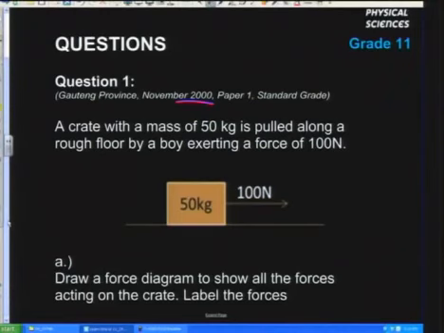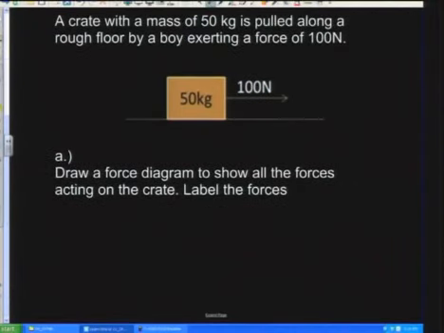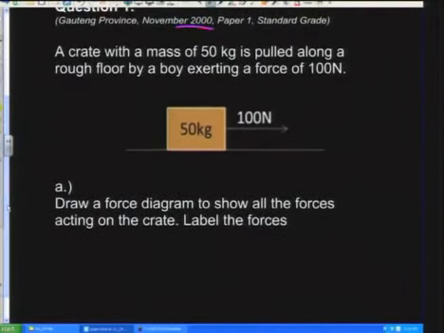So here's this one. It's not a terribly difficult one, but we need to take note of it. It says a crate with a mass of 50 kilograms is pulled along a rough floor. So bear in mind, we must be thinking rough floor means that there's probably a force of friction by a boy exerting a force of 100 newtons.